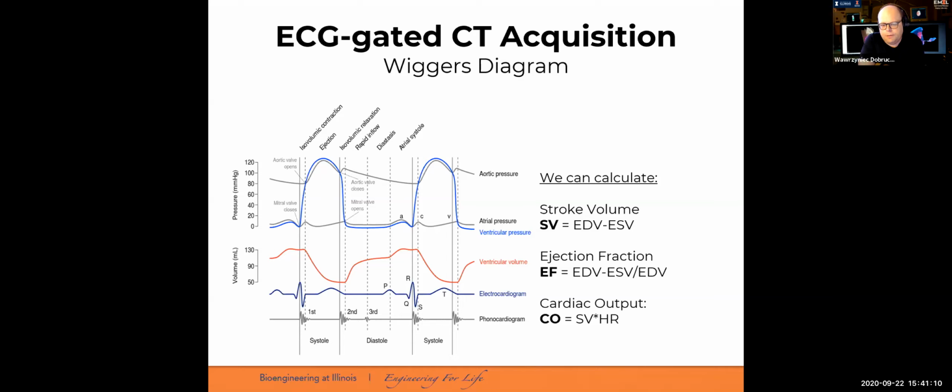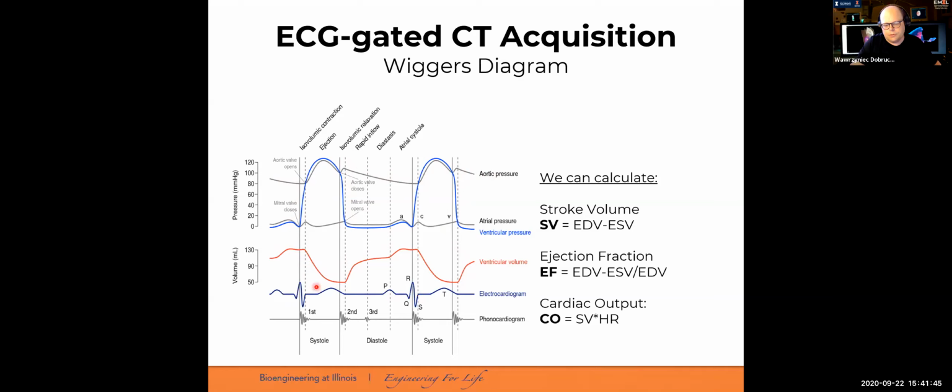In many physiology books, for example for medical students, there is this very well-known diagram called Wigger's diagram, which shows the relationship between the different pressures. For example, we have the arterial aortic pressures, shown in black, then the ventricular pressures, shown in blue, and the ventricular volume, which changes over time, and everything is overlapped on the signal from the ECG.